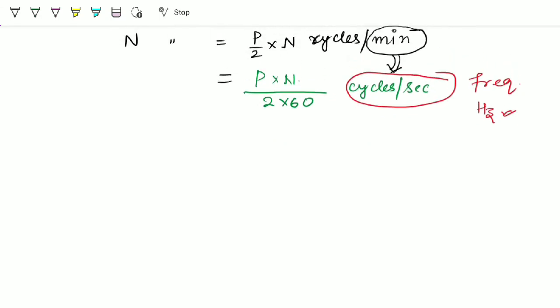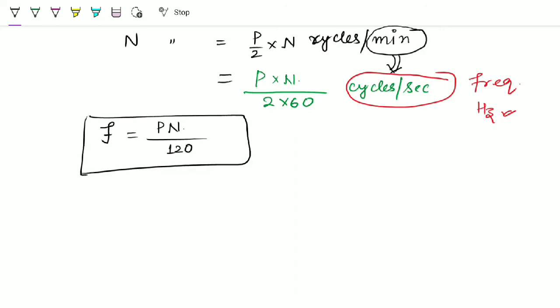So we have a general expression for frequency in case of a synchronous machine, which can be given as PN upon 120. We see that the frequency depends upon the number of poles and RPM of the rotor.